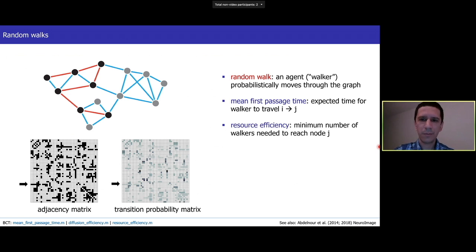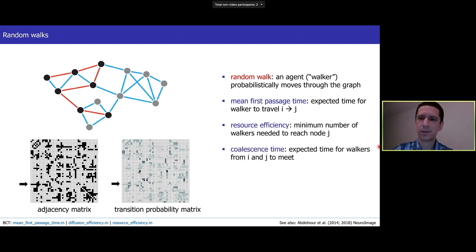We can ask what is the minimum number of walkers that I would need to generate at node I in order to guarantee to within some degree of probability that at least one of them will reach node J, the so-called resource efficiency. In other words, how strongly do I need to broadcast my signal in order to guarantee transmission at a particular target node?